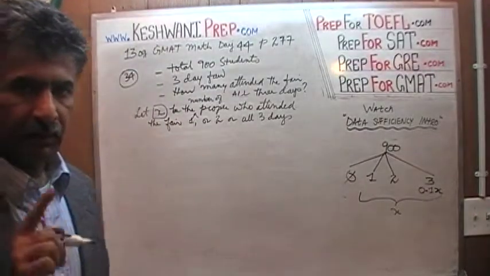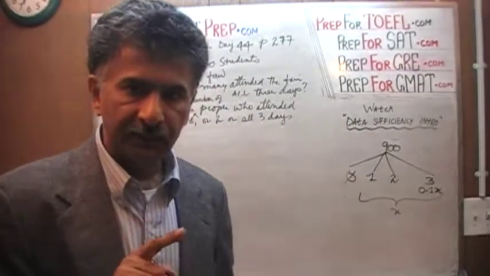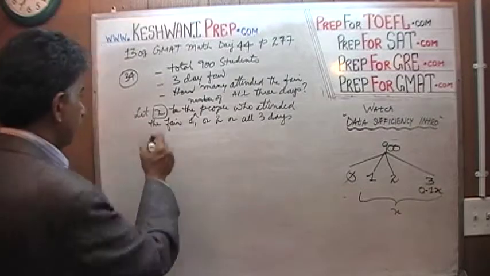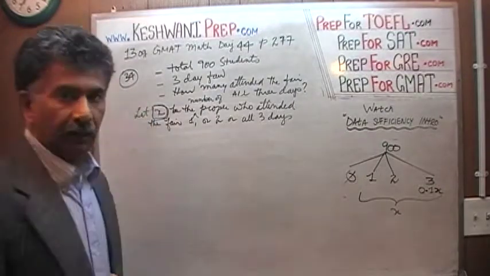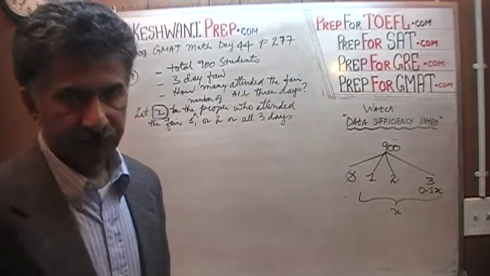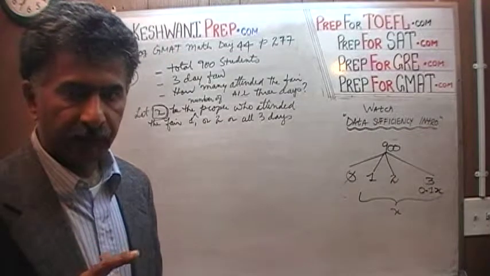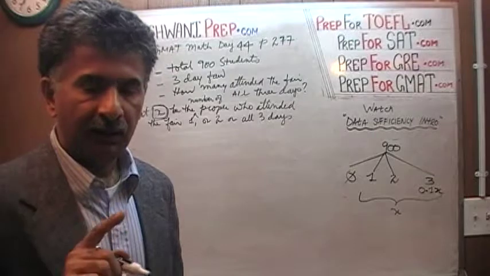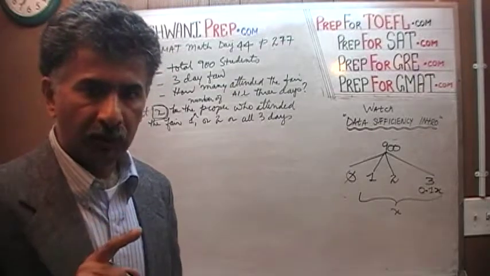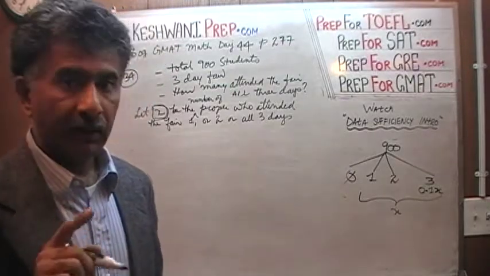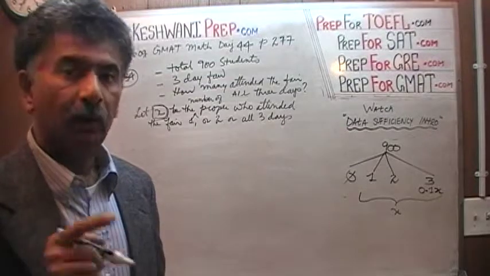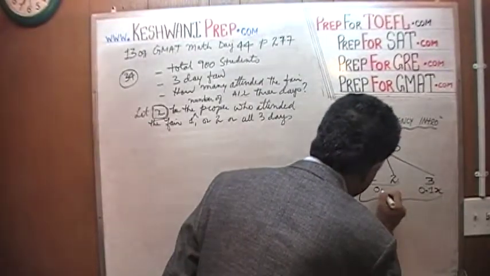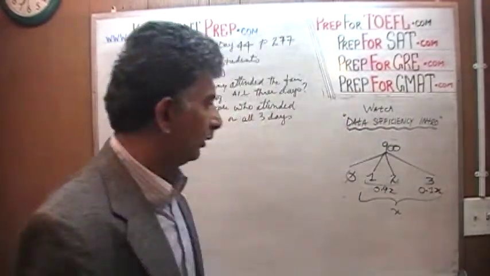One more time, 10% of those people who attended the fair at least one day, 10% of what? 10% of x attended the fair all 3 days, which means the remaining 90% attended either one day or 2 days.